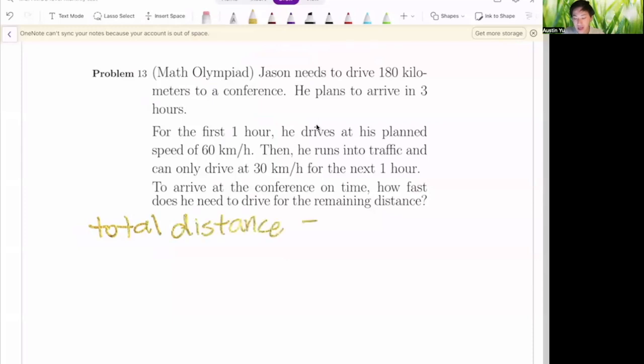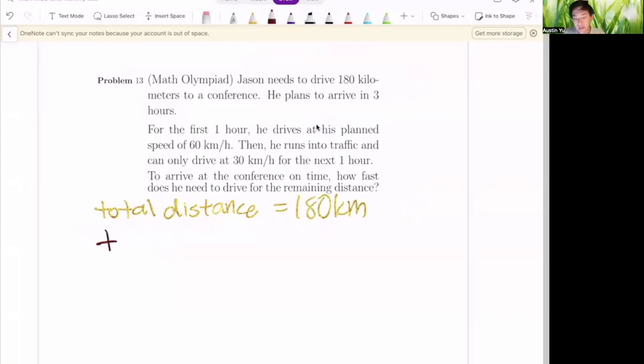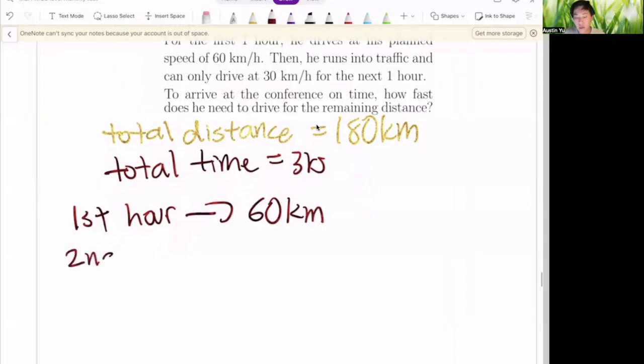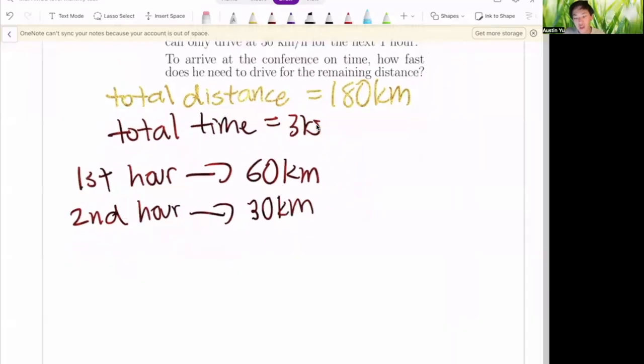is 180 kilometers. And we know that the total time is 3 hours. So in the first hour, we know that he covered 60 kilometers. And then in the second hour, he covered 30 kilometers, which means that the total he has traveled so far is going to be 90 kilometers.